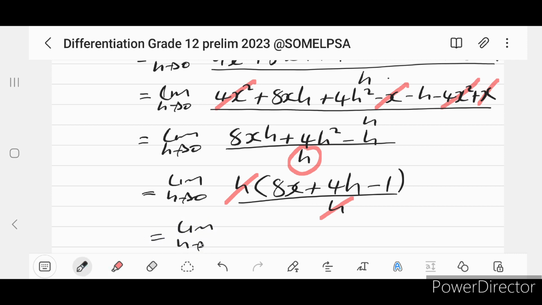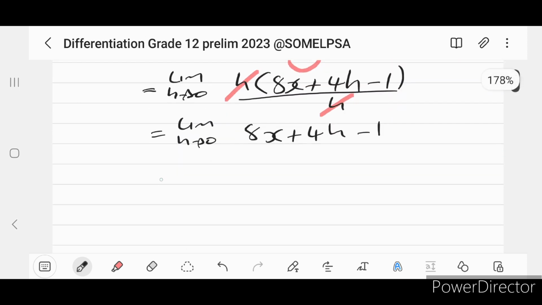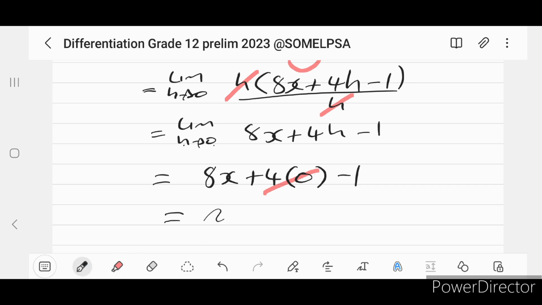Limit as h approaches 0 of 8x plus 4h minus 1. Therefore, I substitute h as 0. The 4h becomes 0 and is cancelled. So the answer is 8x minus 1.